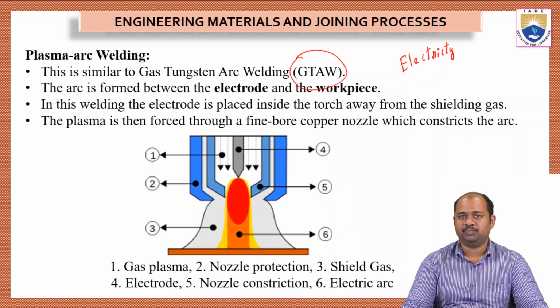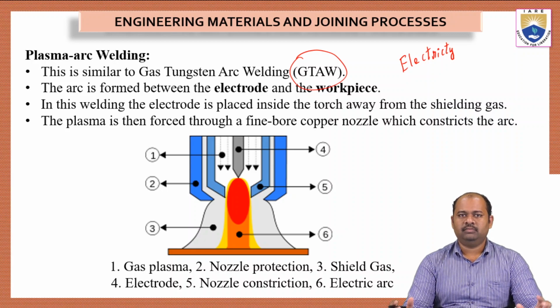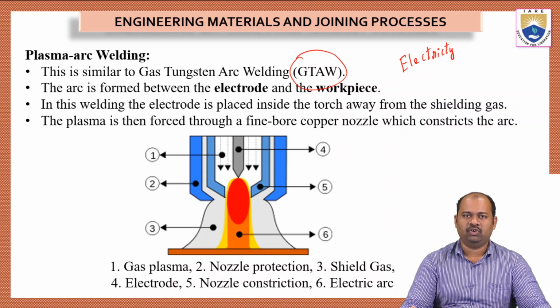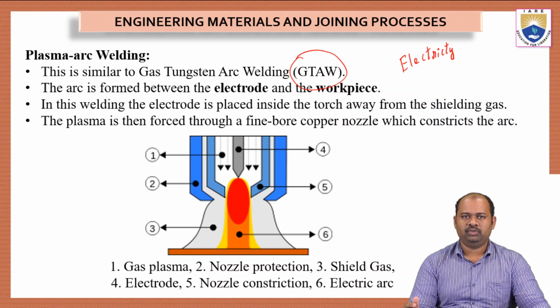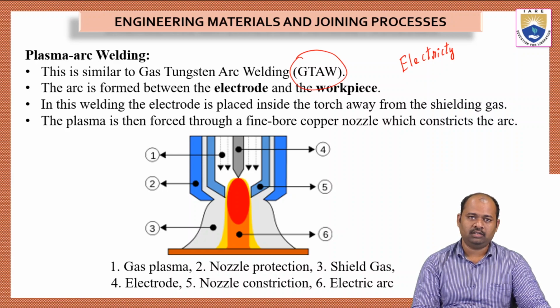This plasma arc is produced from an electrode which is surrounded by a shielding gas. Due to the presence of this shielding gas around the electrode, we can observe the formation of the plasma. So, the process is very similar to GTAW.